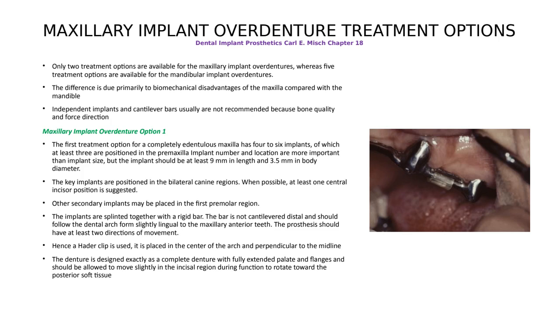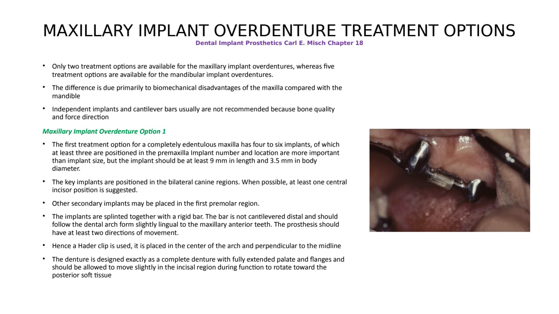Only two treatment options are available for the maxillary implant overdentures, where for the mandibular there are five. The difference is due primarily to the biomechanical disadvantages of the maxilla compared with the mandible.